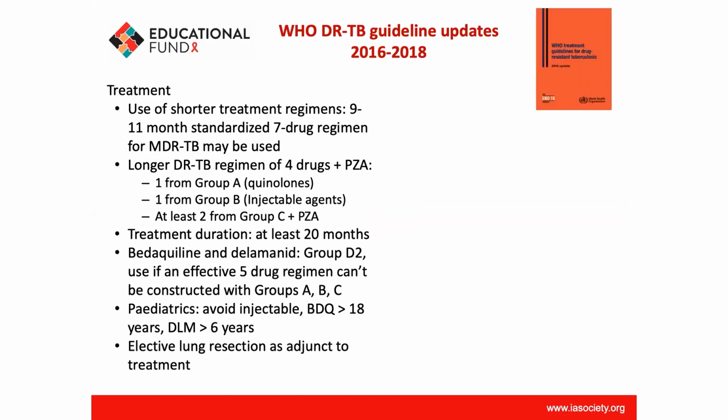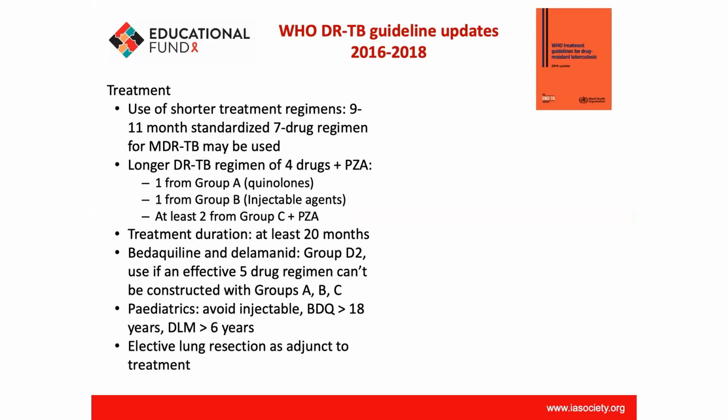So in 2016, based on available evidence and emerging evidence, the WHO provided a guideline update, and it's there with the red cover. That was the first time, based on results from observational cohorts and one emerging randomized control trial, that a shorter treatment regimen could be used for essentially uncomplicated multi-drug resistant TB.